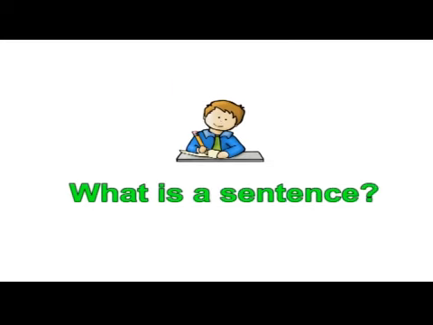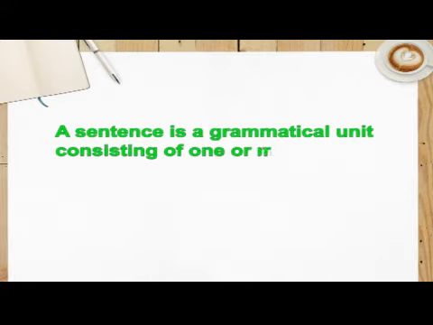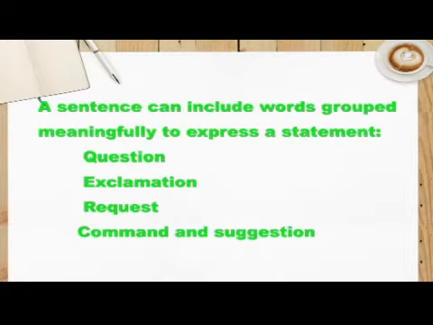What is a sentence? A sentence is a grammatical unit consisting of one or more words that are grammatically linked. A sentence can include words grouped meaningfully to express a statement, question, exclamation, request, command, and suggestion.